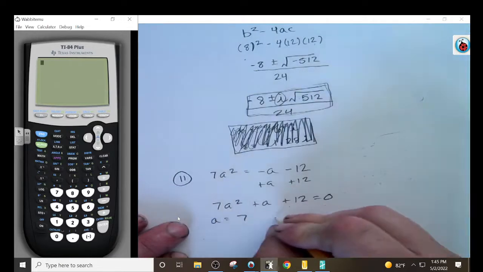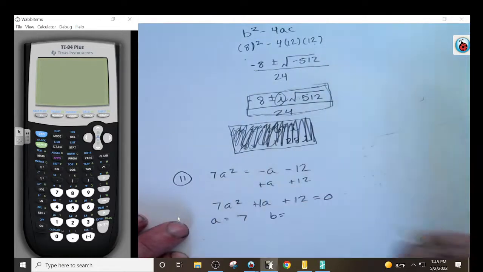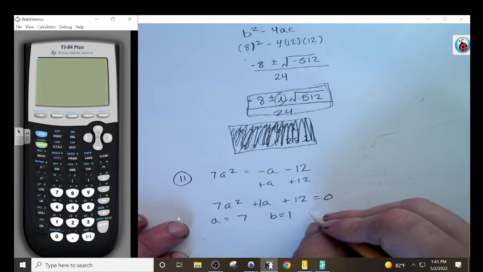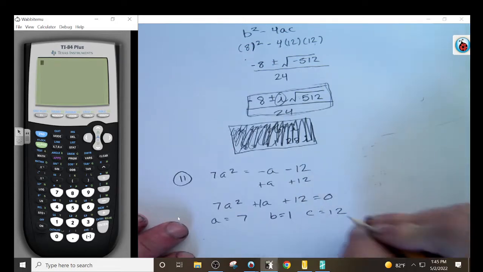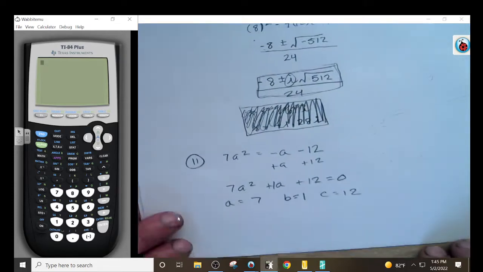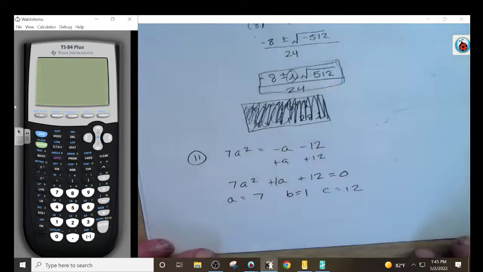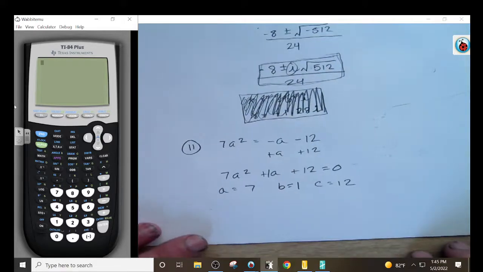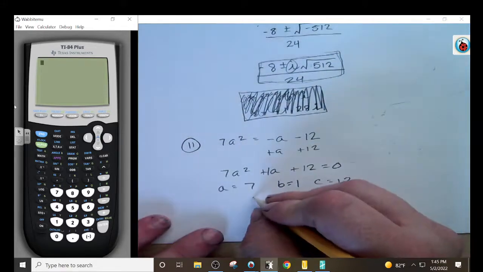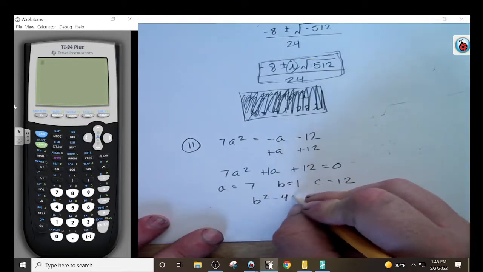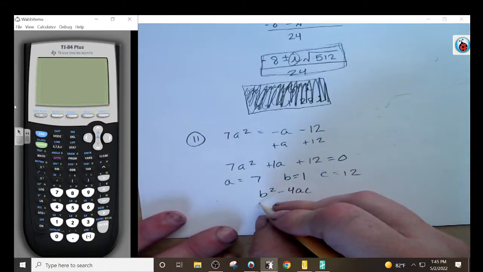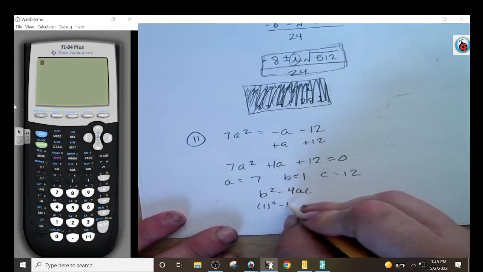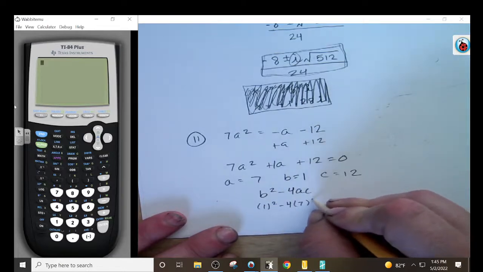A is 7. Guys, in front of the a is a 1, so b is 1, and then c is 12. Now from here, figure your discriminant, b squared minus 4ac. So it's going to be 1 squared minus 4 times 7 times 12.